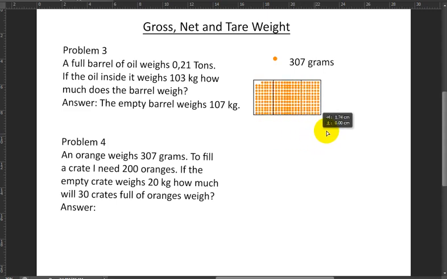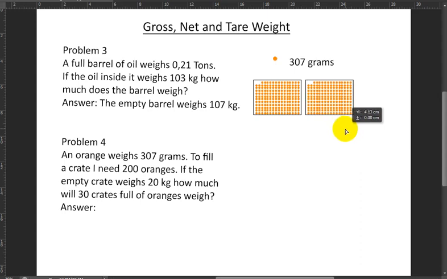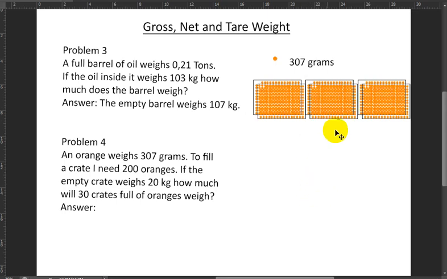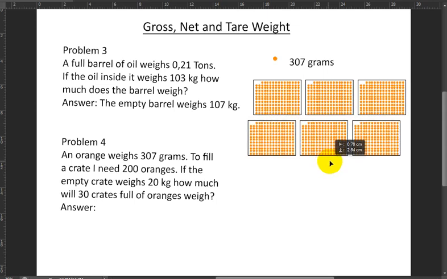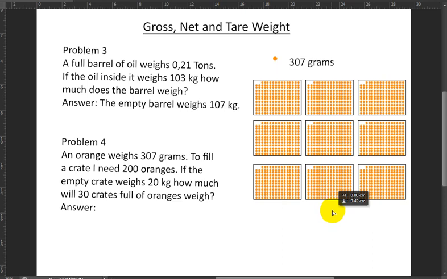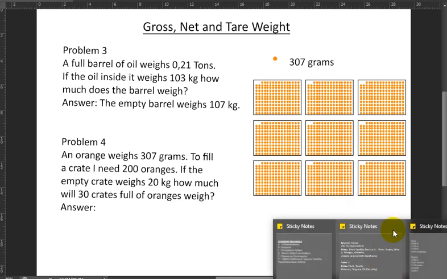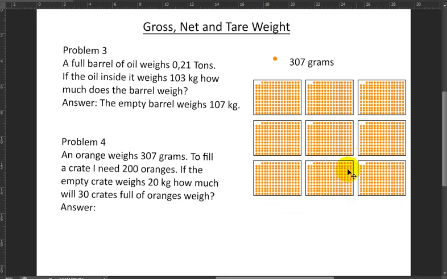Now I moved even further away, and now I need to find out how much 30 crates weigh. So I would need to make way more of these. I'd have to make a whole bunch of these.